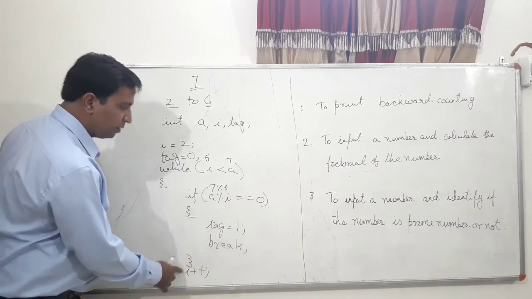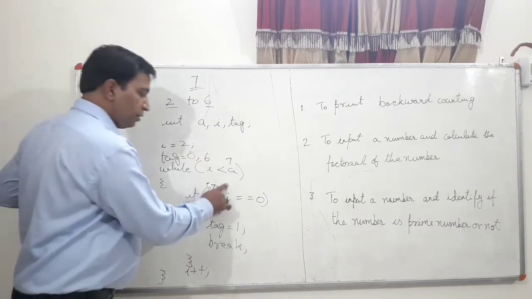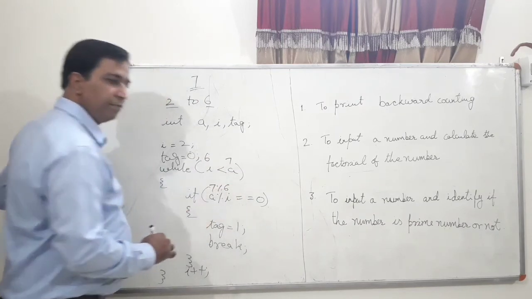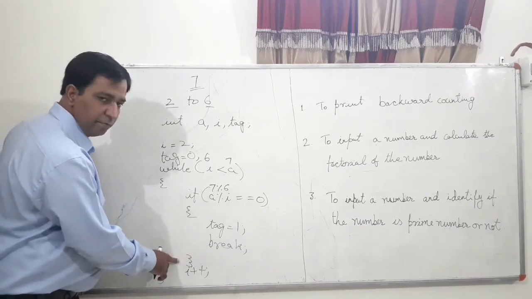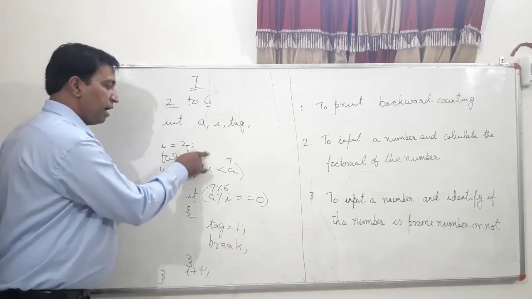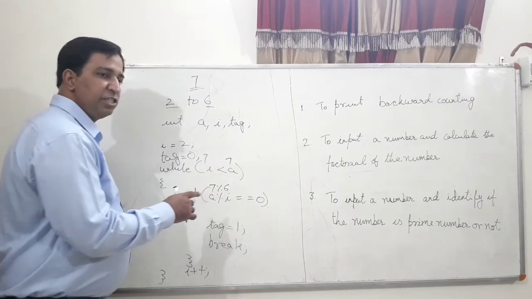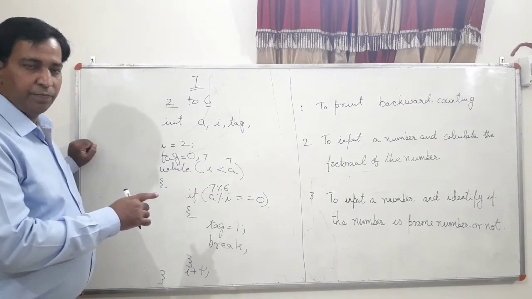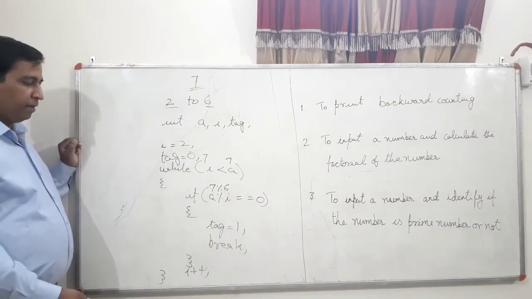Again if will be skipped, I will be incremented, it will come 6. Here we will check 6, and this will again be skipped, then again I will be incremented, I is holding 7 now. 7 is less than 7, which is false. In this case loop will be terminated.